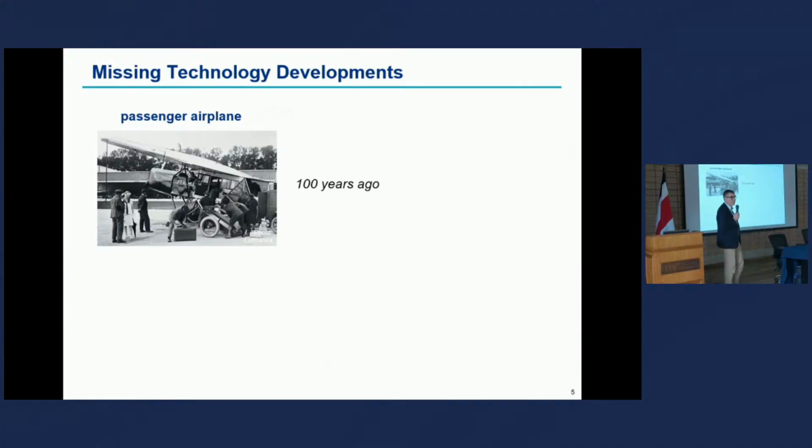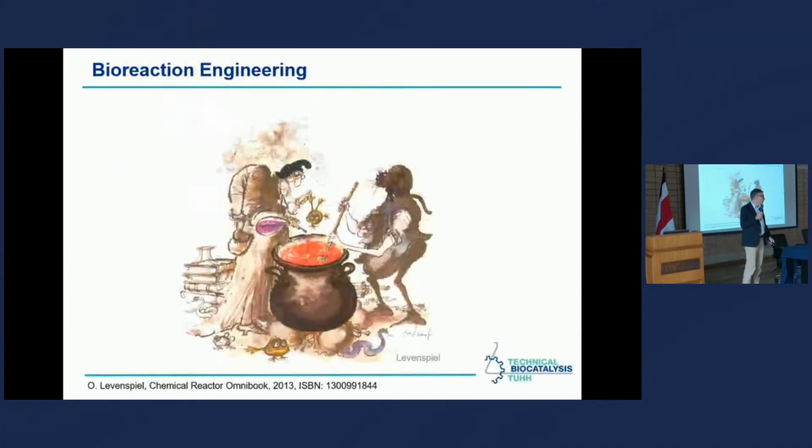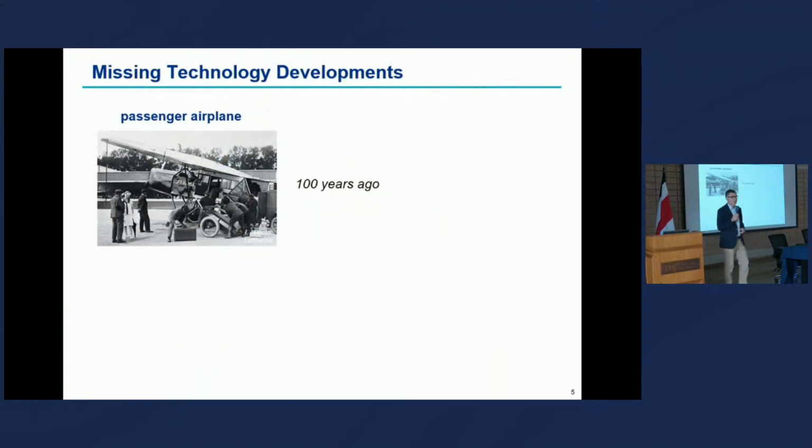Before starting with this, we need to talk about the technology. And that is also the big challenge everyone here in the auditorium, including me, has, because we want to have very efficient processes. But if we look at how technology has evolved, let's take a look at flying an airplane. 100 years ago, we had a propeller airplane.